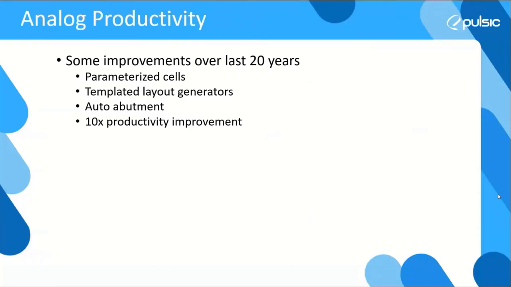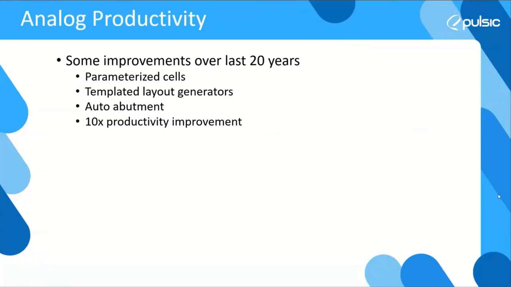And overall, there's probably been a 10 times productivity improvement. The average layout engineer will sit down today and achieve 10 times as many transistors in layout in a day than they might have done 35 years ago. But compare that to the 1,000 times productivity improvement in digital, and you can see that there's this massive gap. And it hasn't even kept up with the speed of processing.